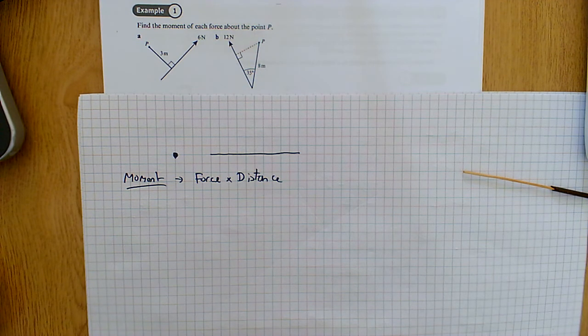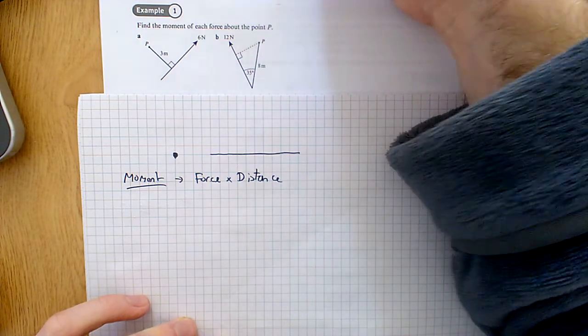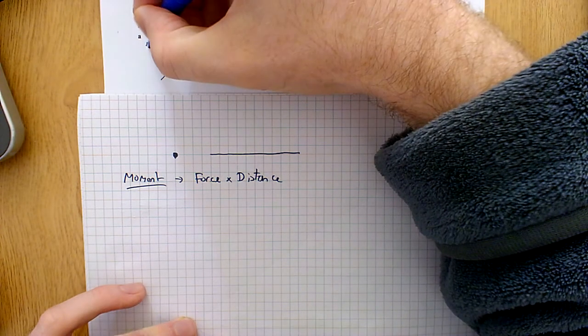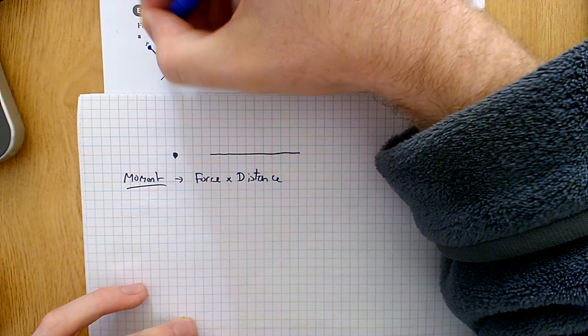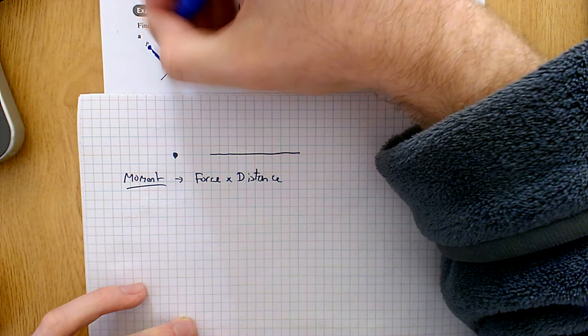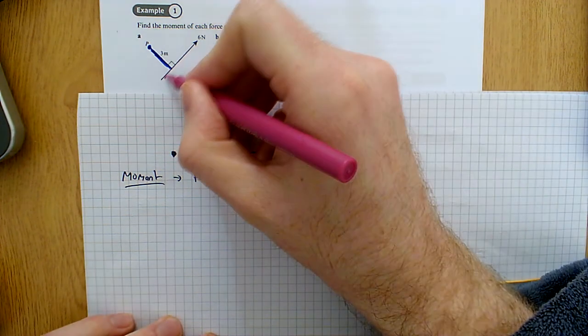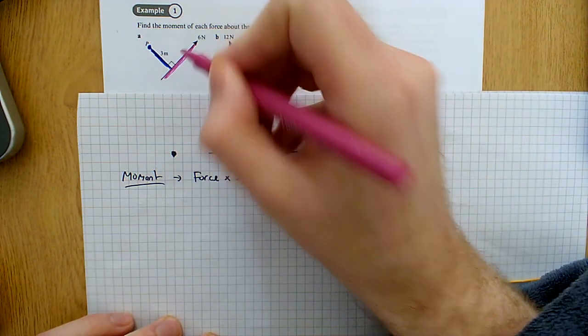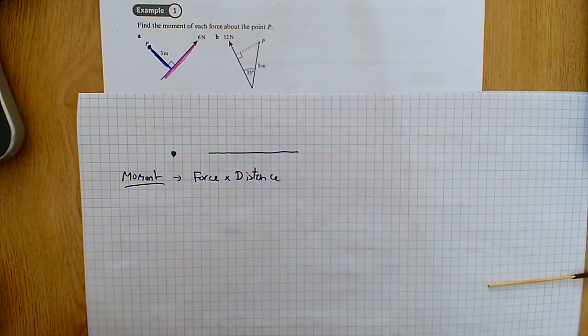So let's have a look at example 1. Example 1 shows you an object, and it's not the clearest example in the world. Here's your pivot point P, and here's your object, which I'm going to colour in blue. So that's the thing that's turning. Now the force is the bit with the arrow, which is going to be the pink bit here. So the blue bit is the object, and the pink bit is the force.